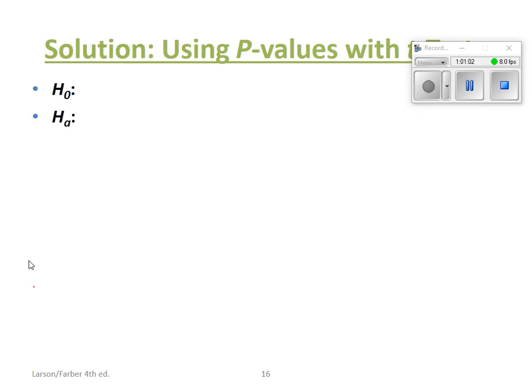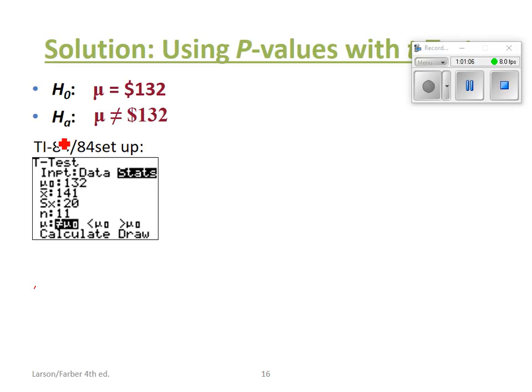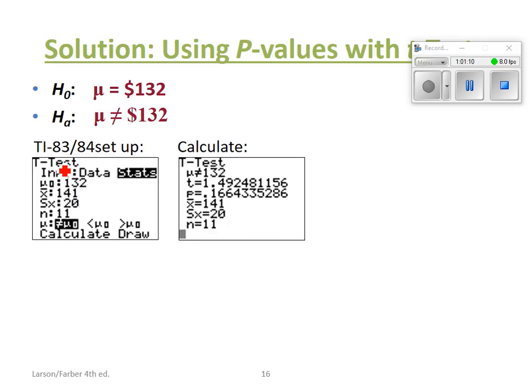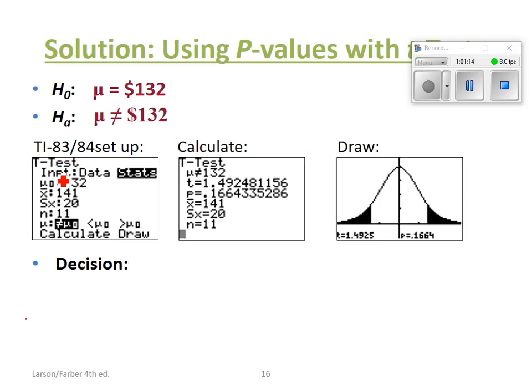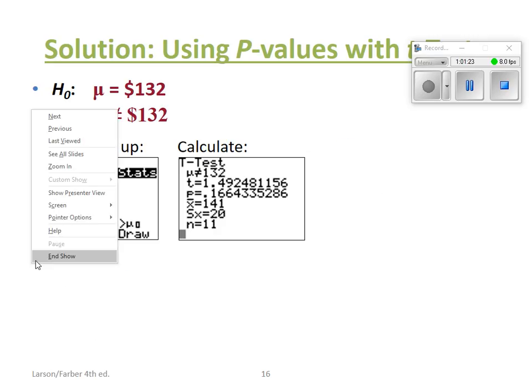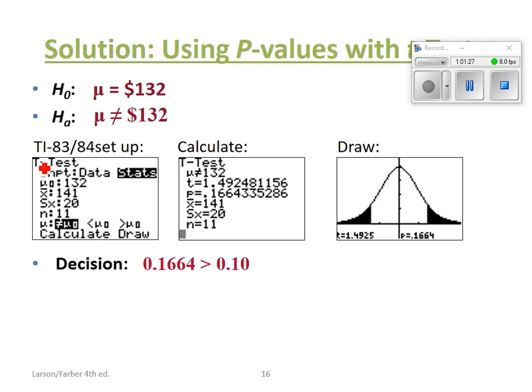See if we did all that right. Do the H0, HA, we did that. Calculator, we did that. Got 1.66 as our test, or as our P. Our decision, we got that, it's greater than 0.10.